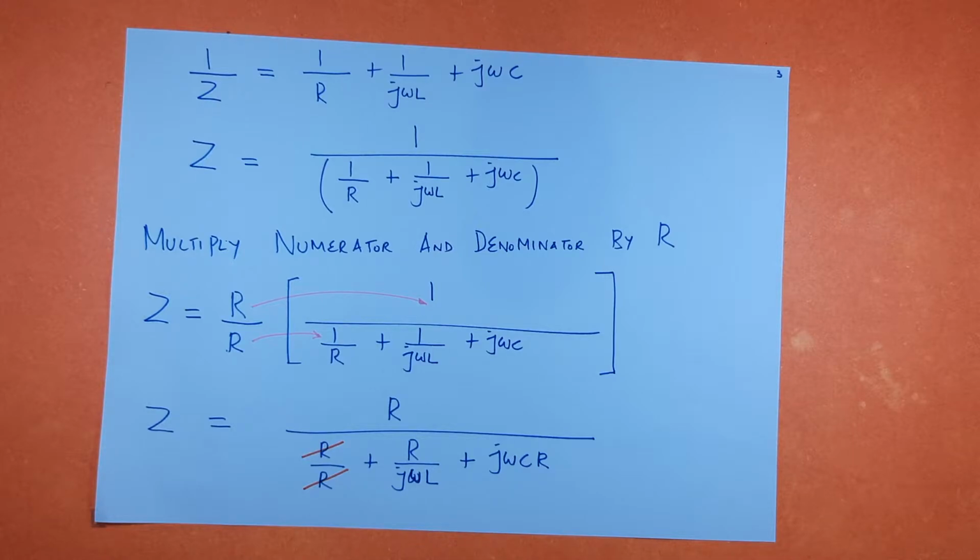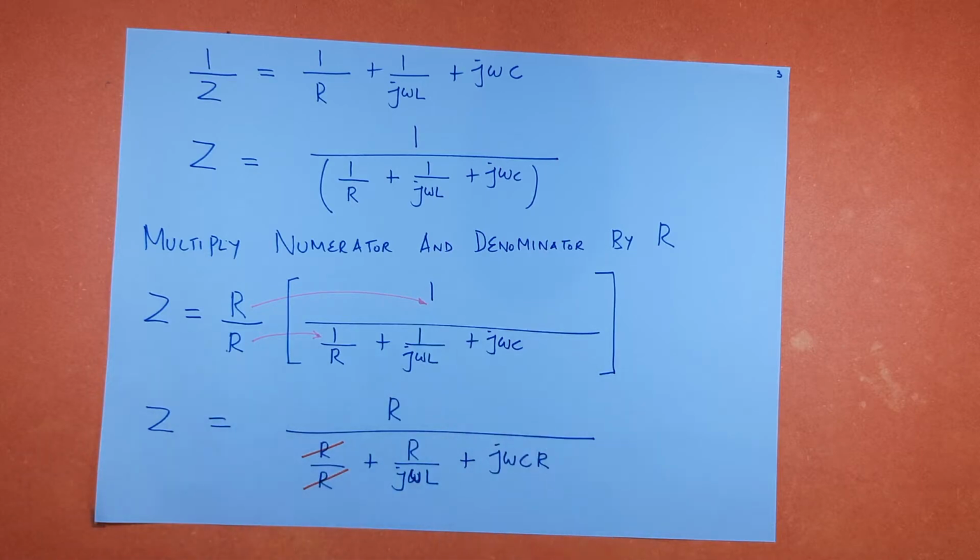Z equals 1 divided by (1 by R plus 1 by j omega L plus j omega C). Next you multiply numerator and denominator by R. So Z equals R by R multiplied by 1 divided by (1 by R plus 1 by j omega L plus j omega C).